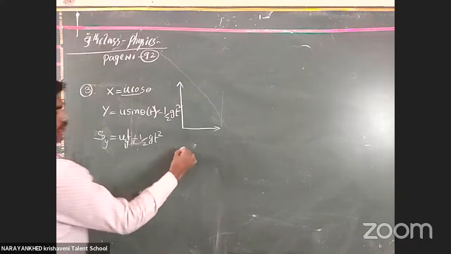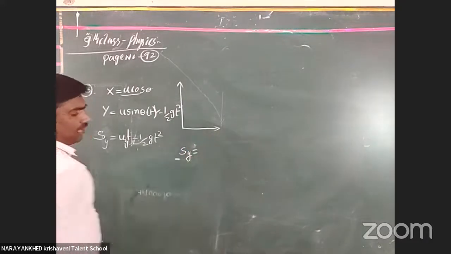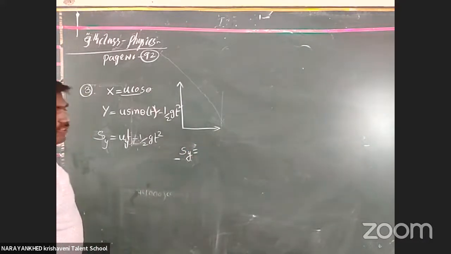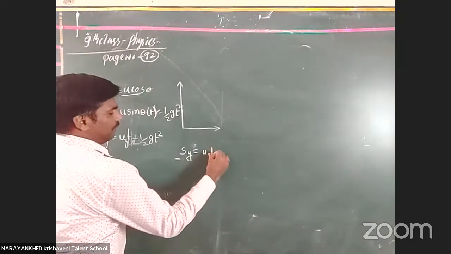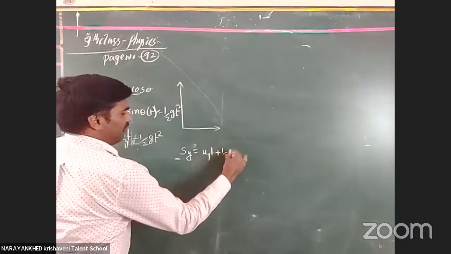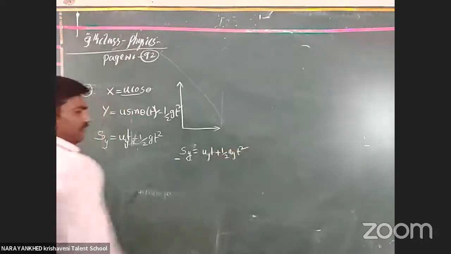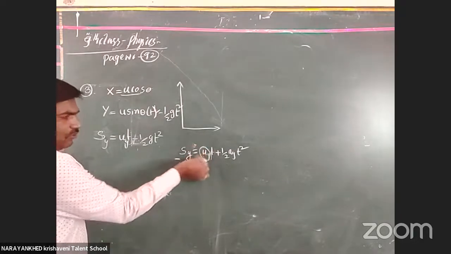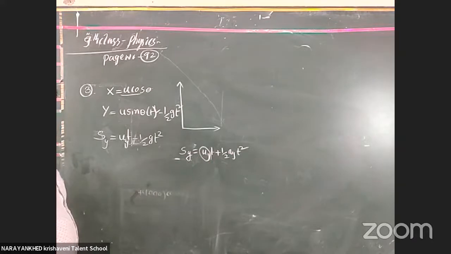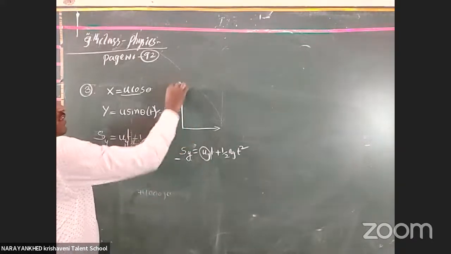Yesterday we wrote that when a two-dimensional component is there, the displacement for the y-axis will be taken as uy t plus or minus half ay t square. Yesterday we already discussed this: ut plus half at square. But here, what is the u here? u is here along the y-axis.